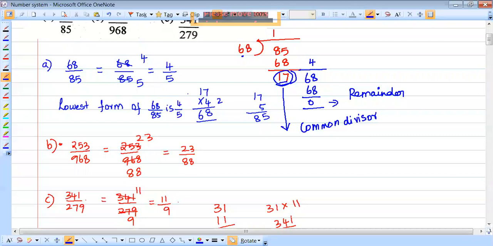Do you all understand clearly? Say yes. We will check the same method for the C question also. Do you all understand? Say in the comment box. Good.